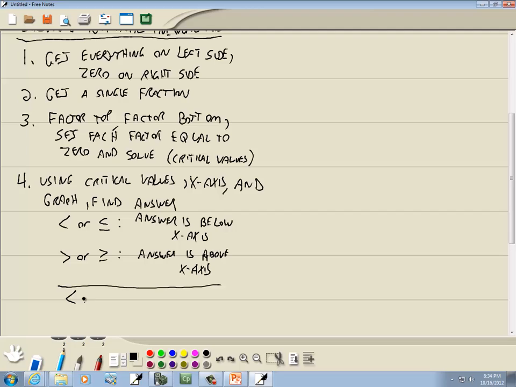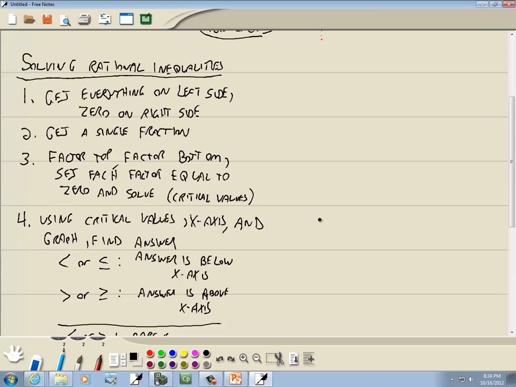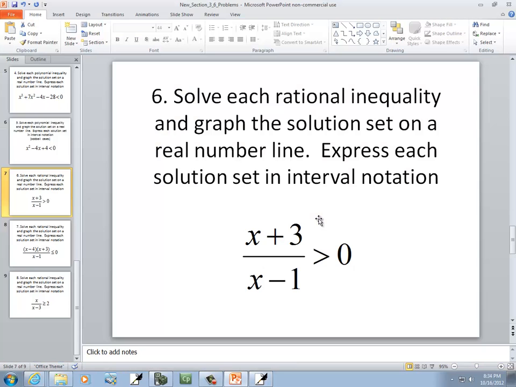Now, if you have a less than or greater than, you're going to use parentheses. If you have a less than or equal to, or a greater than or equal to, you'll use brackets. Well, let's take a look at our first problem.